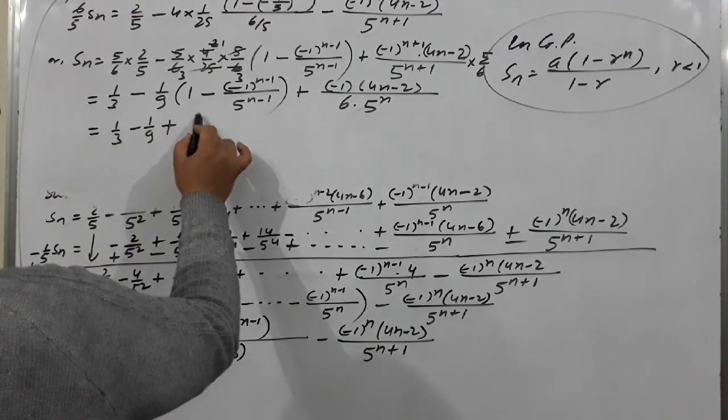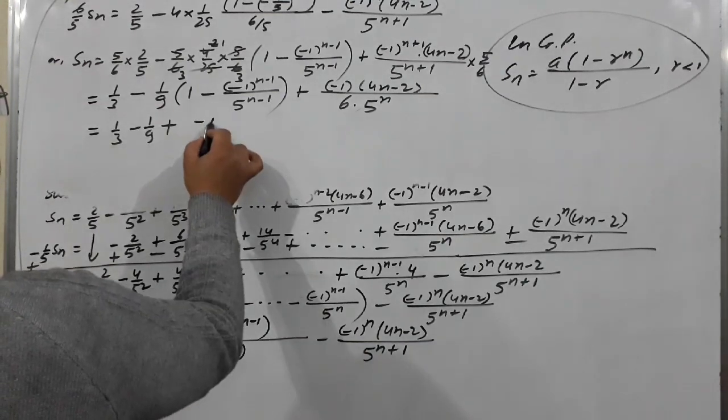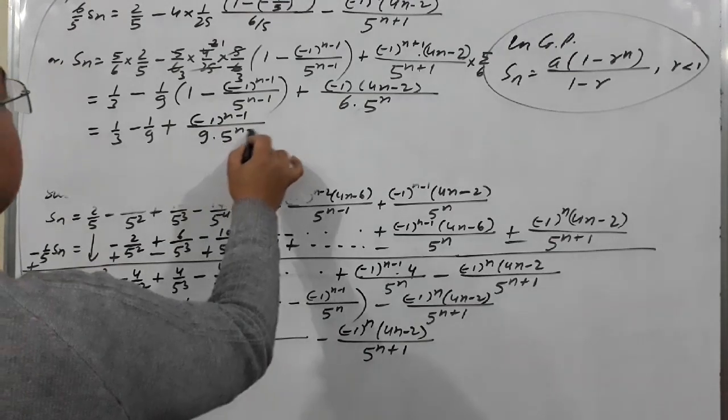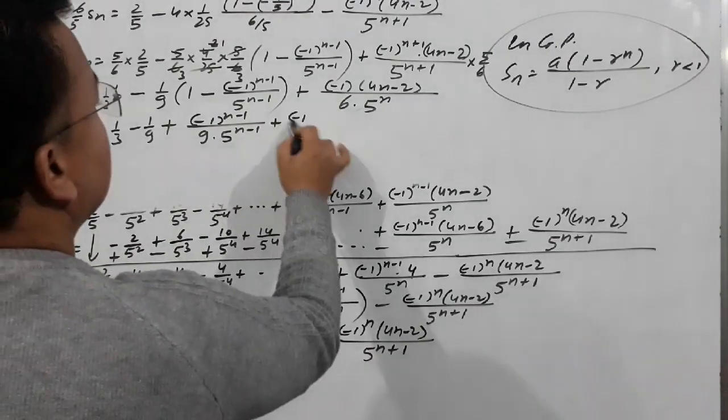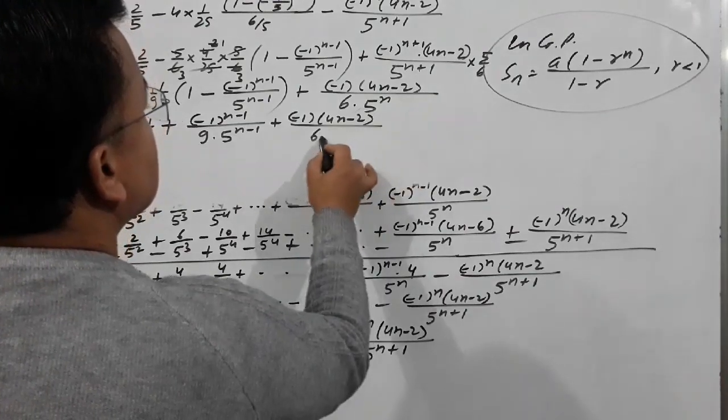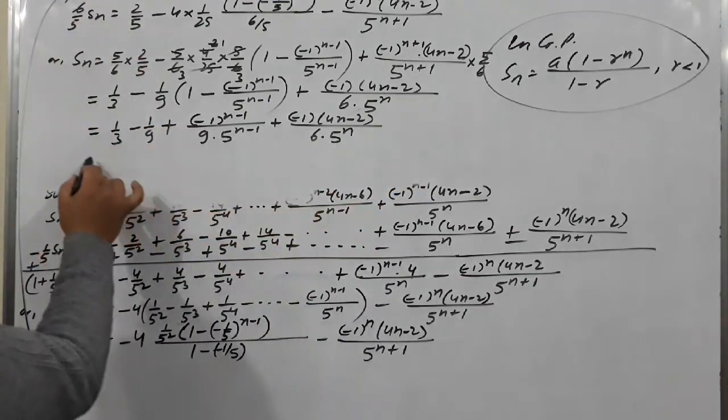plus minus 1 raised to power n minus 1 over 9 times 5 raised to power n minus 1 plus minus 1 times 4n minus 2 over 6 times 5 raised to power n.